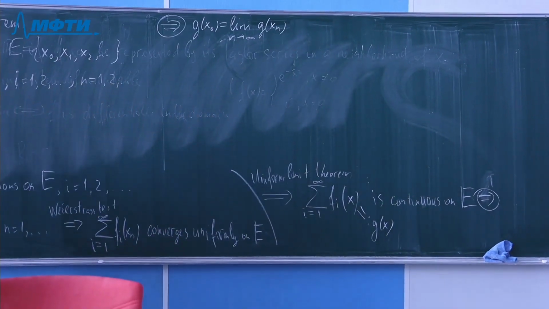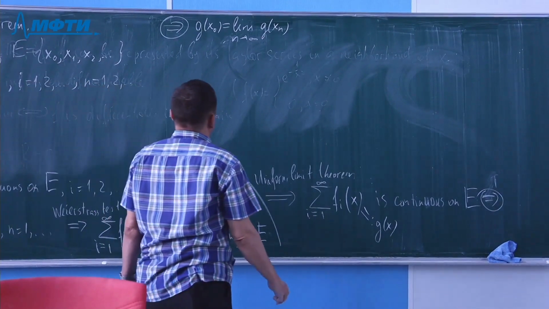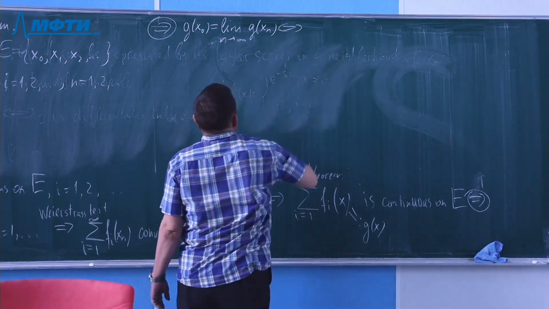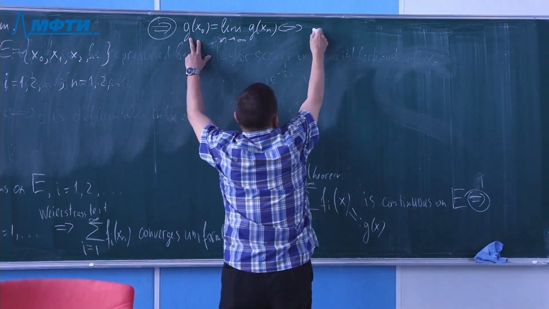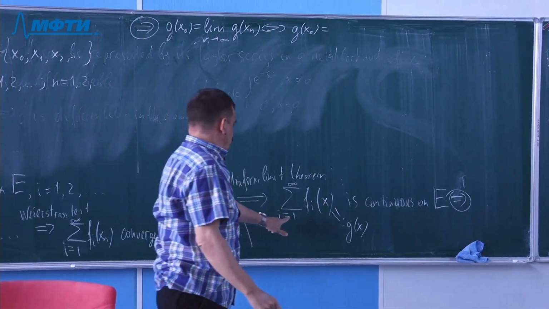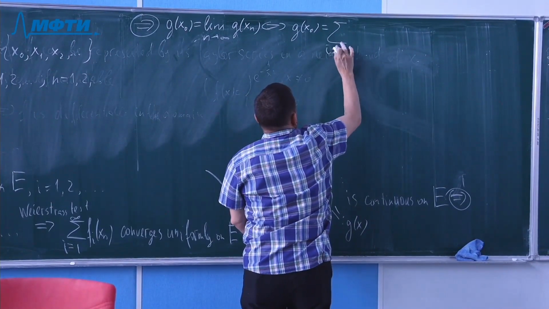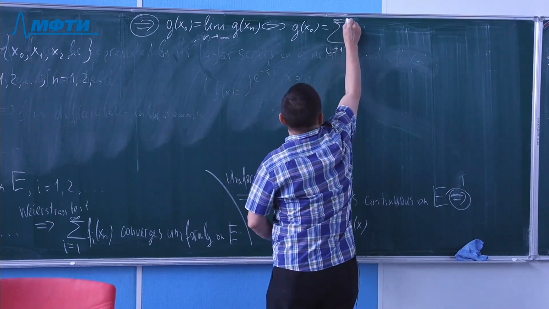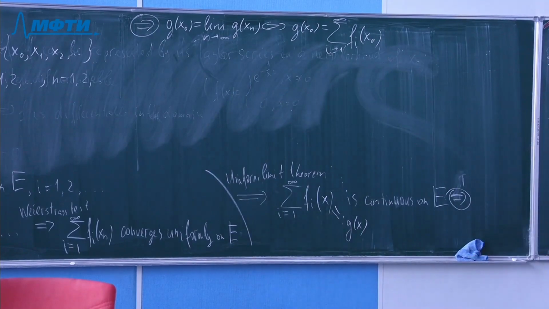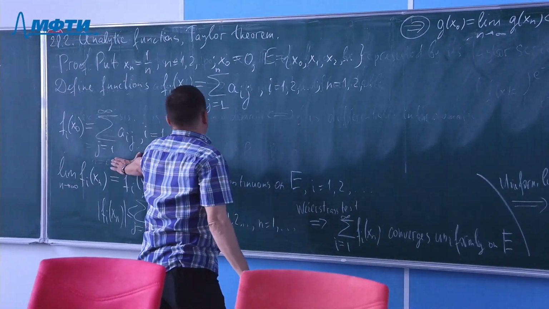Let me write this equality in detail. What is g of x_0? I should substitute x_0 here. I should write the series, i from 1 up to infinity, f_i of x_0. What are f_i of x_0? Here they were defined.